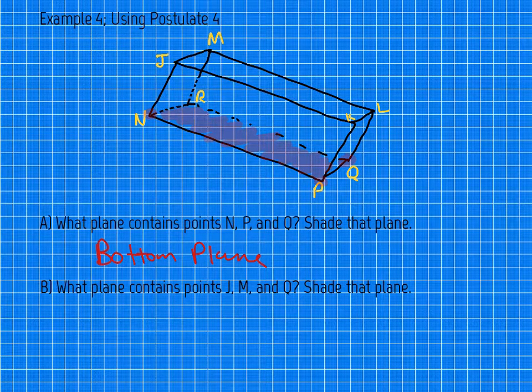All right, now the next one we're going to find is what plane contains the points J, M, and Q. J, M, and Q. Okay, so this one is going to cut diagonally across the rectangular prism.